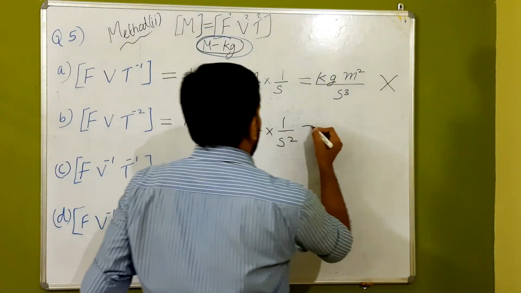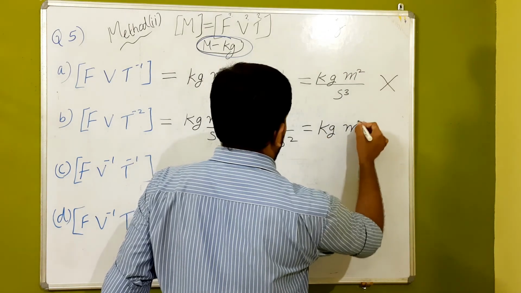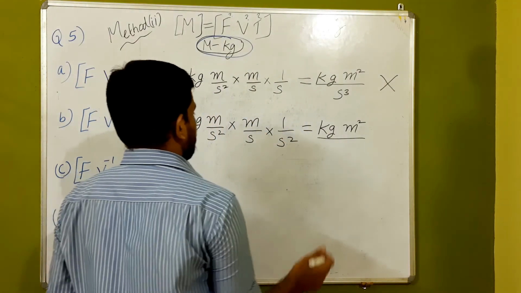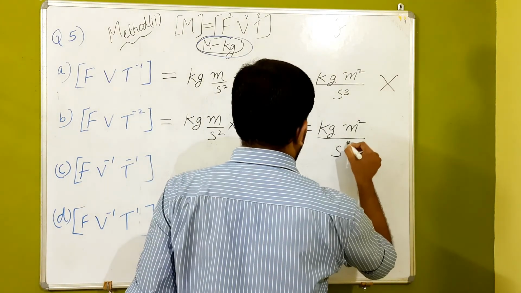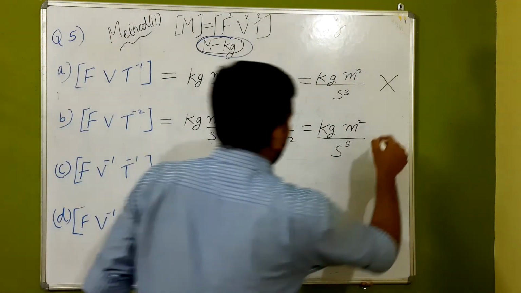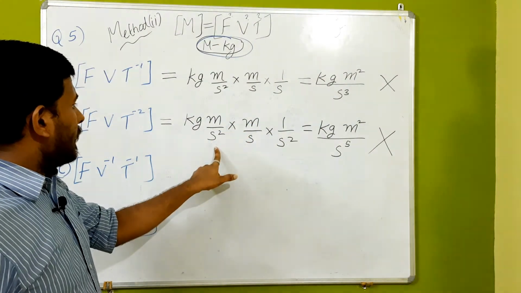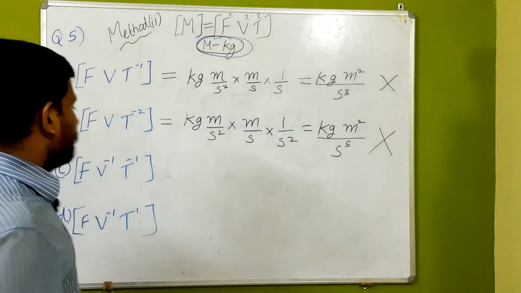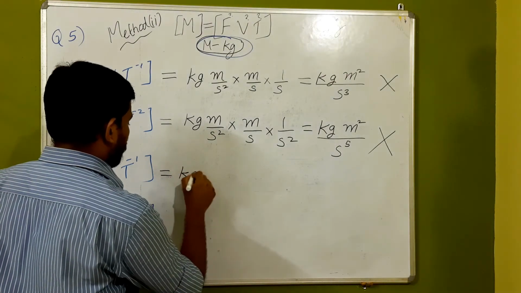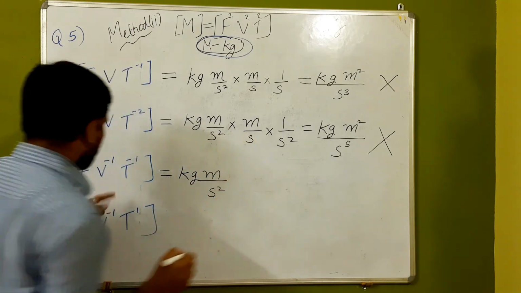So we will get kilogram meter square per second raised to 5. So this also won't be the answer.